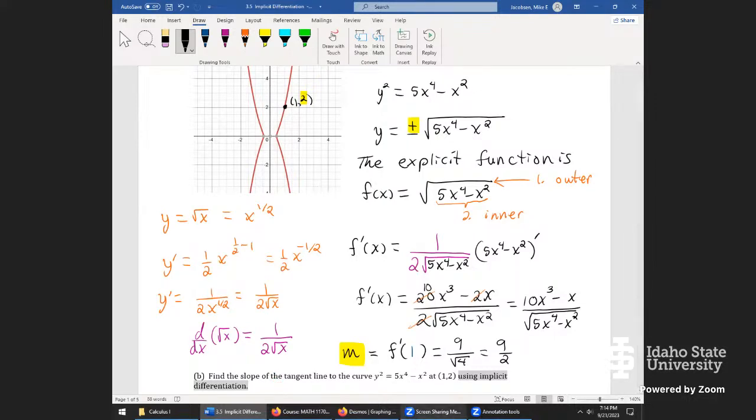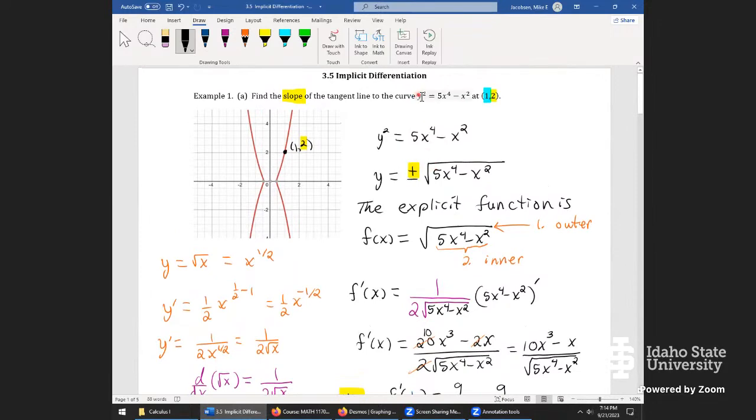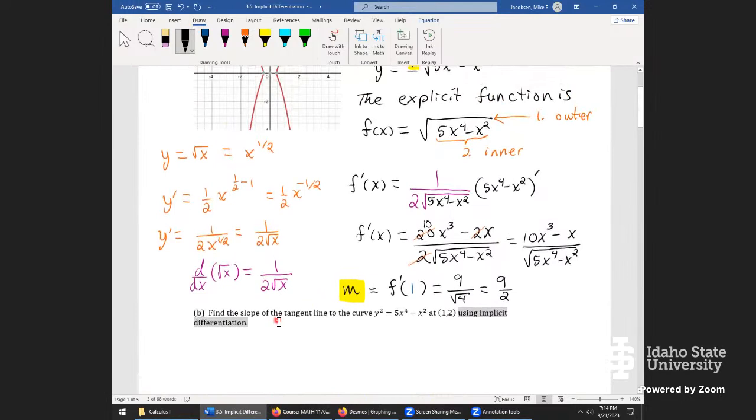Okay, so again, we go to this original curve. Oh, I guess it's already pasted down right here. And when we do implicit differentiation, we're just going to differentiate the left-hand side and the right-hand side immediately. So first I'll copy down the equation with a little bit of space around the equality.